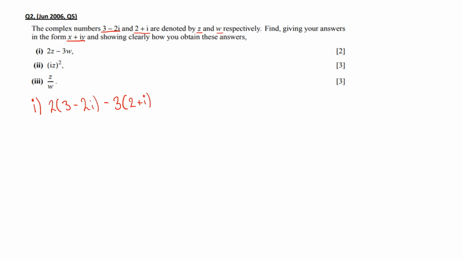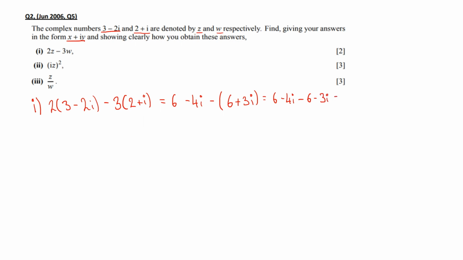Okay, now we're going to times them out, so we're going to get 6 minus 4i minus, and we're minusing, so we'll put it in the bracket, so 6 plus 3i. So that means if we multiply this by minus 1 basically, then we're going to get 6 minus 4i minus 6 minus 3i.